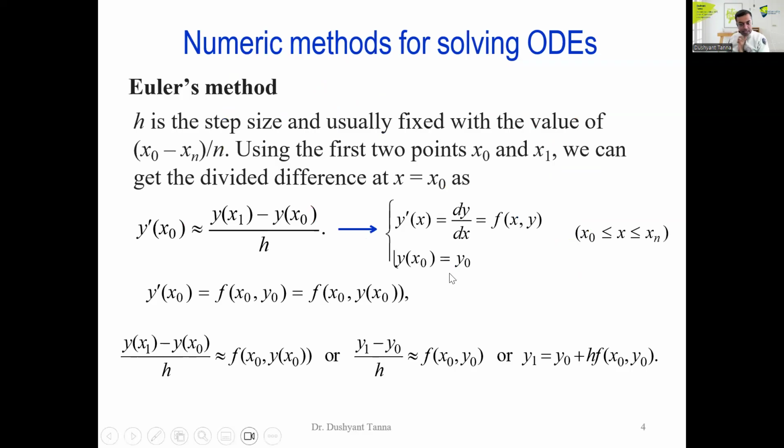Right. So let's look at Euler's method and what it is and how it works. h is the step size and usually fixed with the value of xn minus x0 over n.